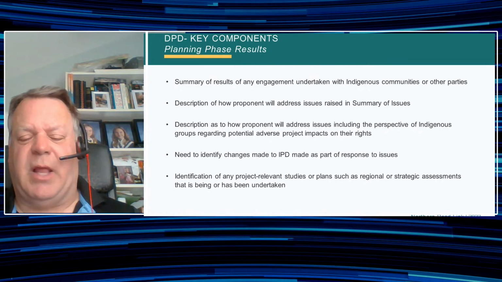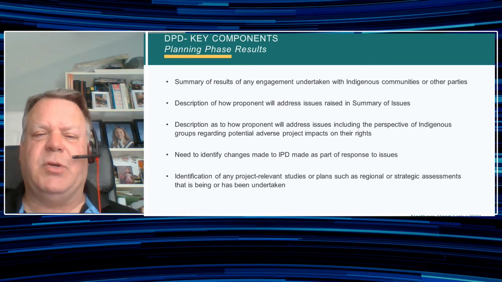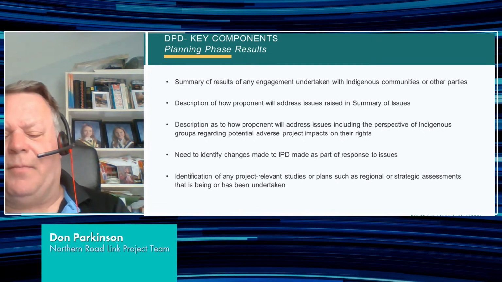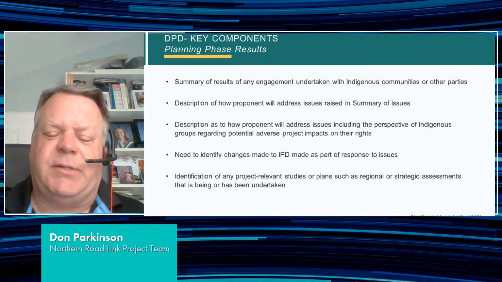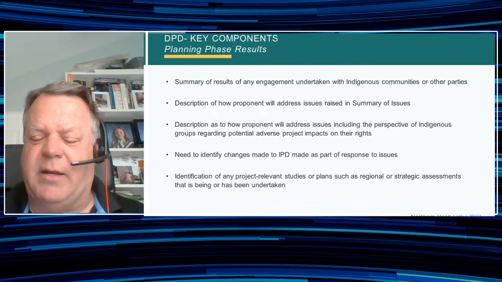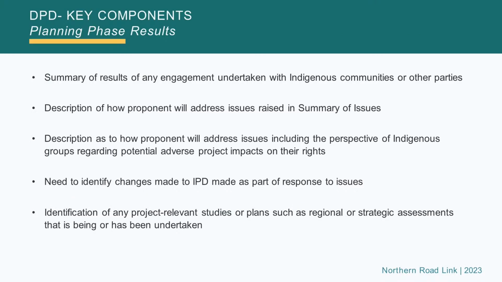So let's move to our next slide here. In terms of the results of the planning phase, this would summarize the results of any additional engagement undertaken, or any engagement undertaken with Indigenous communities or other parties.